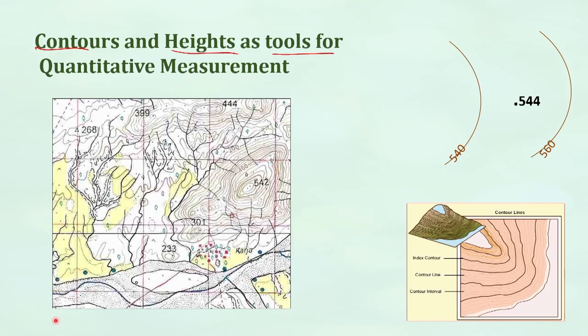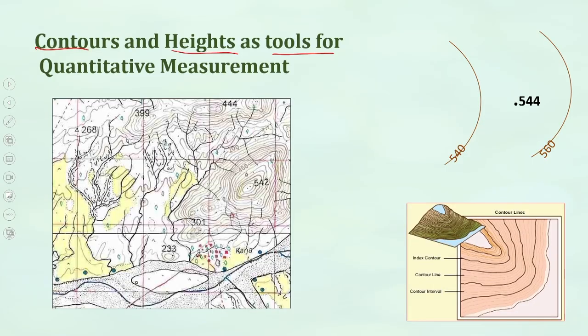In between two contours is called the contour interval. For example, look here, the contour value is 540 here and 560. The contour interval is 20 meter, right? Yes. Okay.